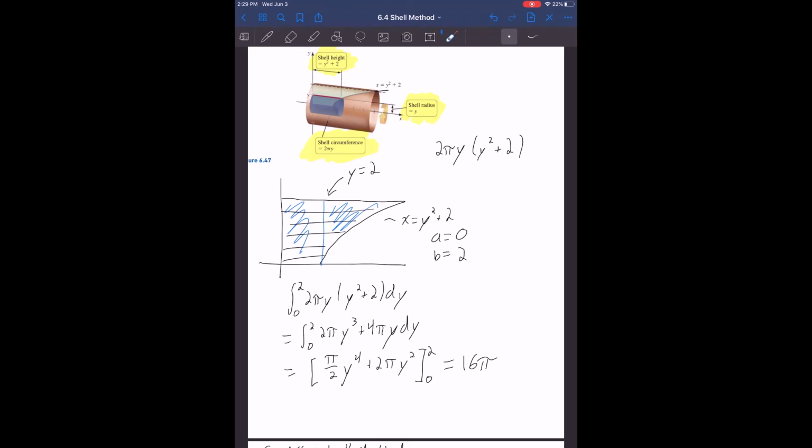However, when we use the shell method, we were only doing one integral, right? And this was not a particularly hard integral. We had a y cubed and a y in it, which are in general not hard to take the integrals of.